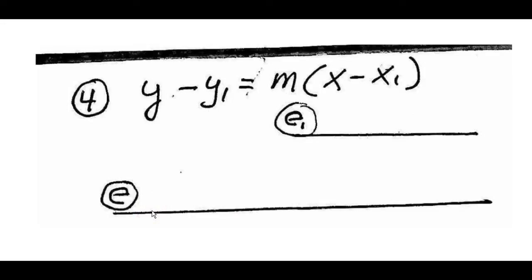Now for number 4, here's a formula you'll see, I believe, in section 5 of chapter 3. And we see there the slope and also one ordered pair member. So what does the m refer to again? The slope.